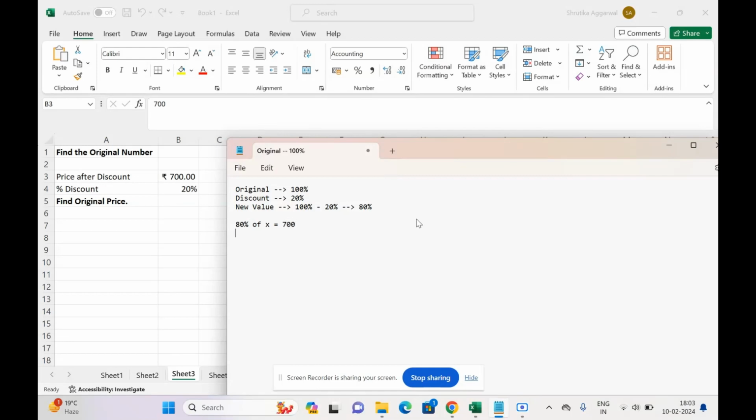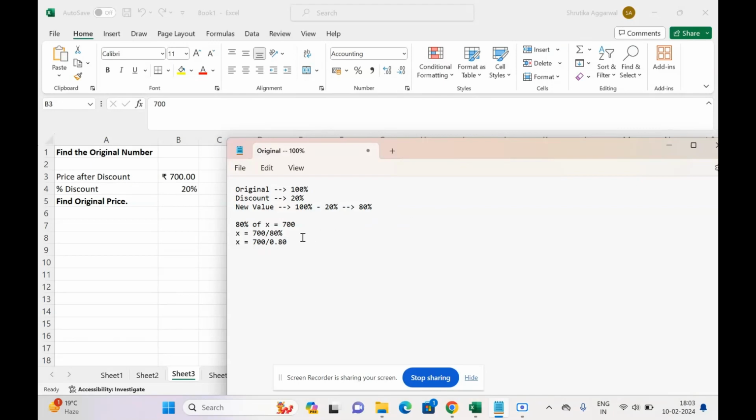So what we can do is we can say X, which is the original number, is equal to 700 divided by 80%, which is equal to 700 divided by, now we know 80% is 0.80, divided by 0.80.